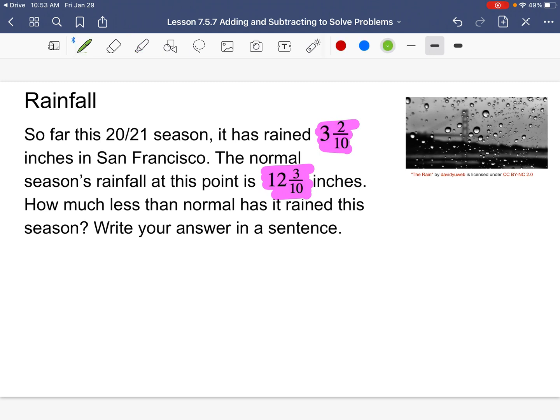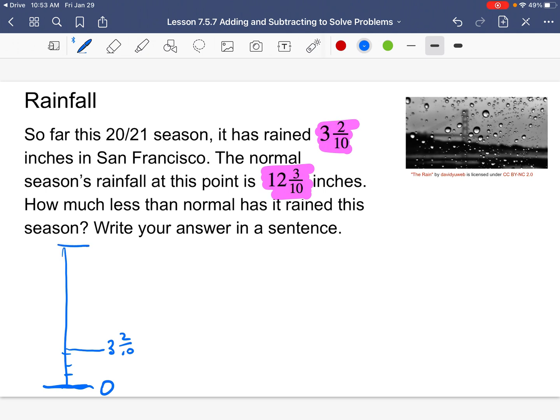So again, I am going to draw a number line. Actually, I'm going to draw it vertically this time. So this would be 0 at the beginning of the season, and now in San Francisco it has rained 3 2/10 inches, and the normal I'm just going to put up here.